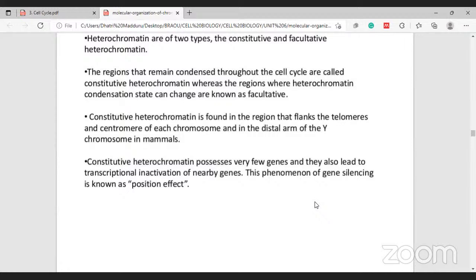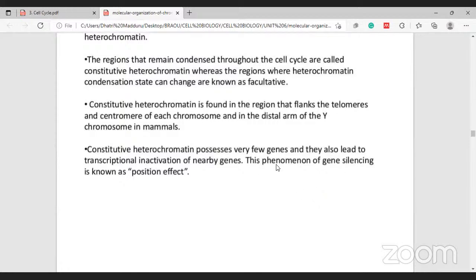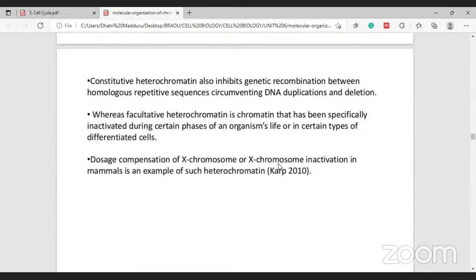And this phenomenon of gene silencing is called position effect. Because they are staying near to the constitutive heterochromatin, they are getting inactive. So that is because of the position of those genes. This constitutive heterochromatin also inhibits genetic recombination between homologous repetitive sequences.